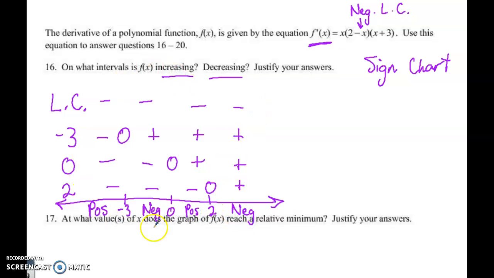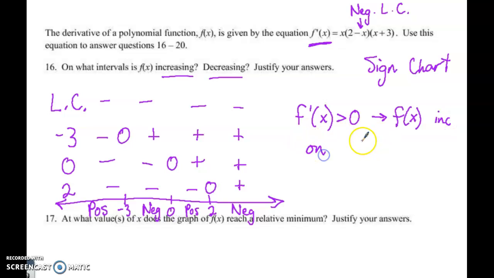So I make the sign chart to show that, okay, well, if f prime of x is greater than 0, that implies that f of x is increasing on the interval from negative infinity to negative 3, and then also from 0 to 2.